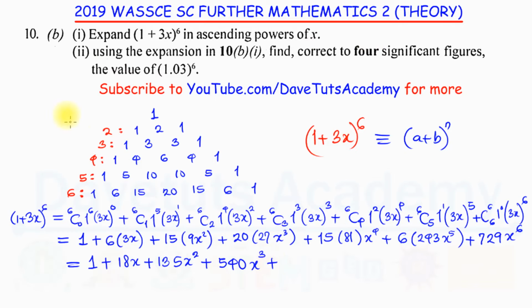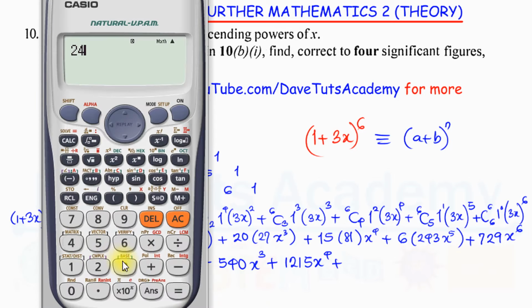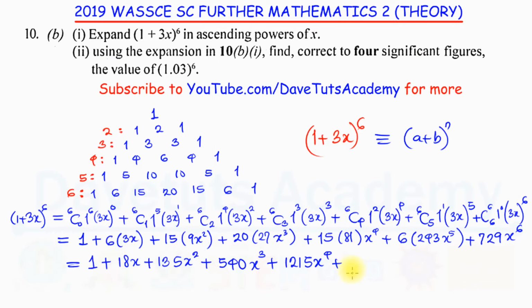So here we have 1215x raised to the power 4, then plus this next entry, 243 times 6, that is 1458, so plus 1458x raised to the power 5, and finally plus 729x raised to the power 6. So this is the way to go about evaluating this value out.